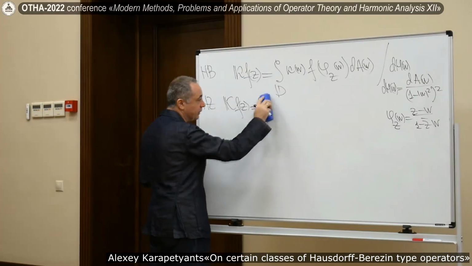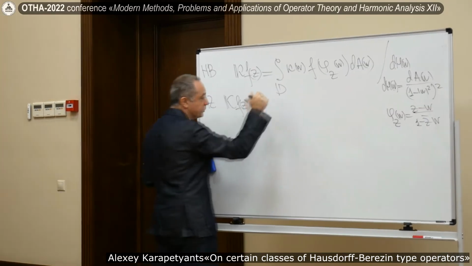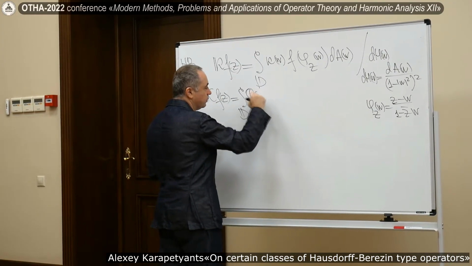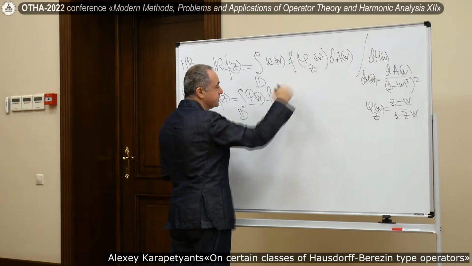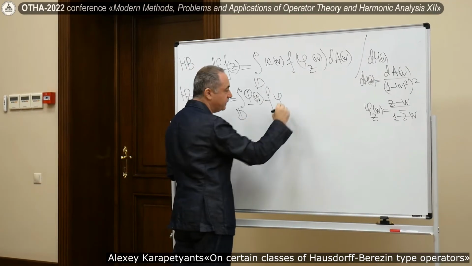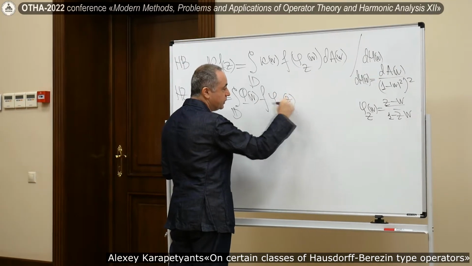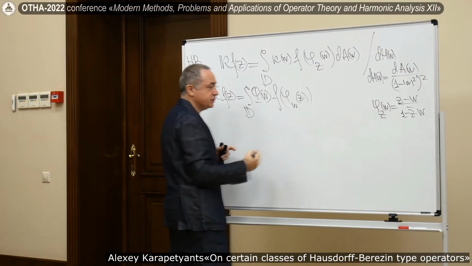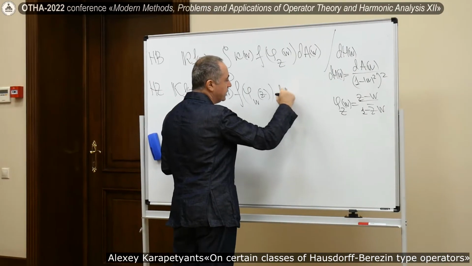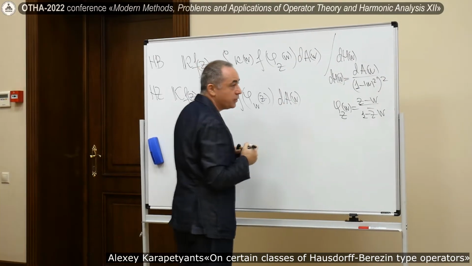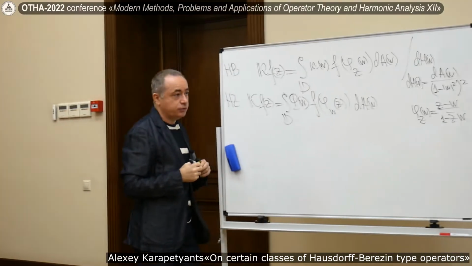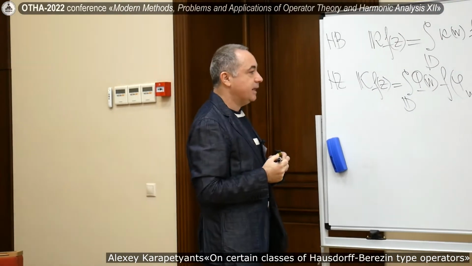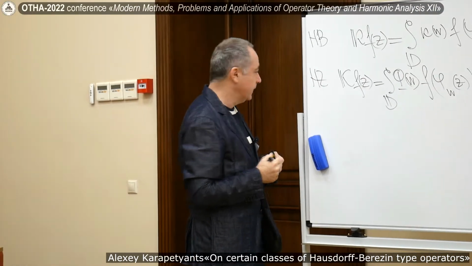Instead of k we use phi for the kernel, but it doesn't matter: phi(w), f of phi_w(z), dA(w). This is quite natural if you have this kind of shift, so I would not consider the other shift. At some point these operators are counterparts to each other, but they differ from each other drastically, and I will speak about it.